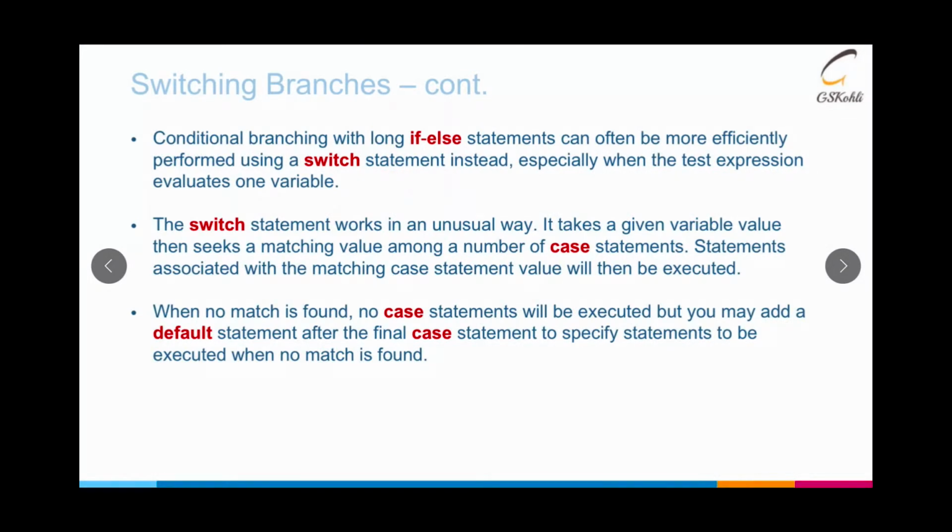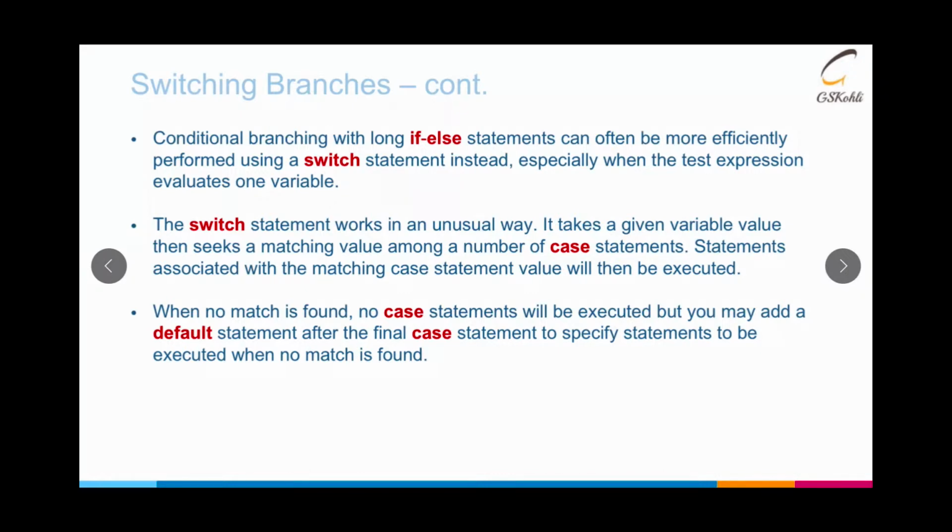Now when we look at conditional branching with if statements, it can be more efficient to have a switch statement instead. A switch statement works in a slightly different way, where it basically matches numbers, instead of going through line by line saying if this is true then do this, if not, else do this, else.